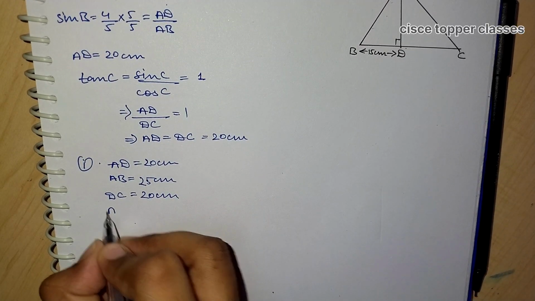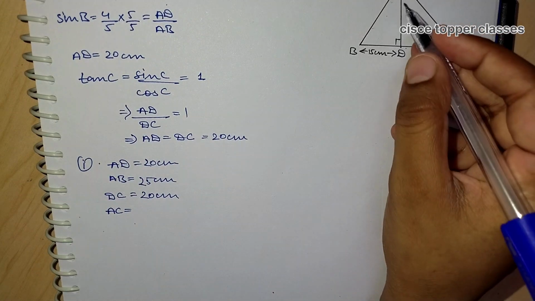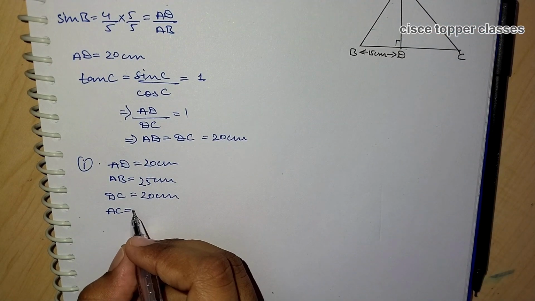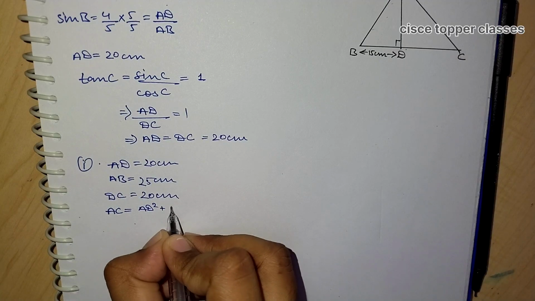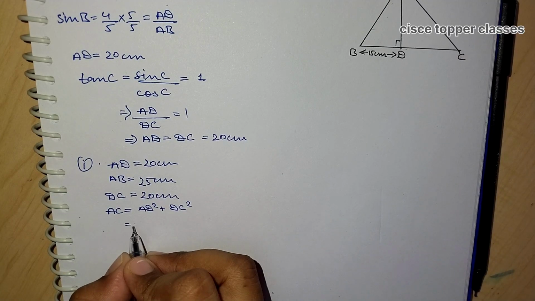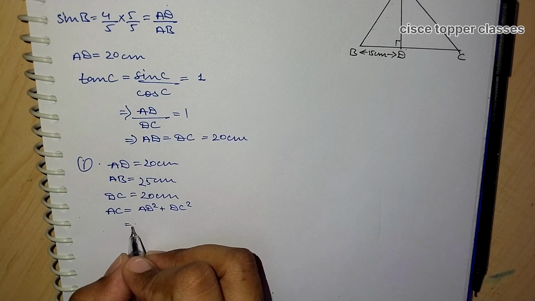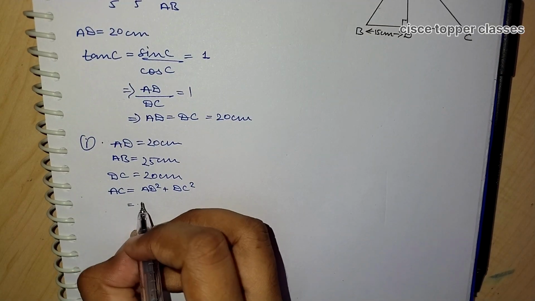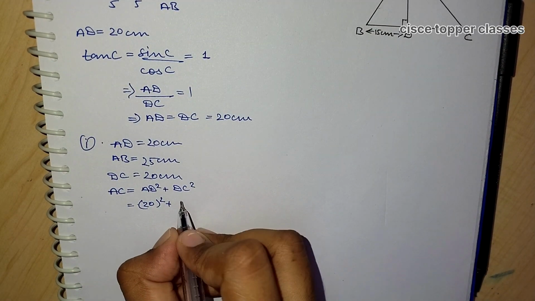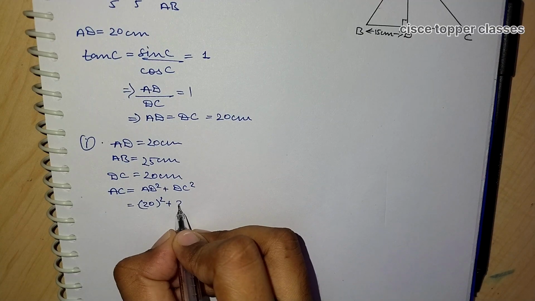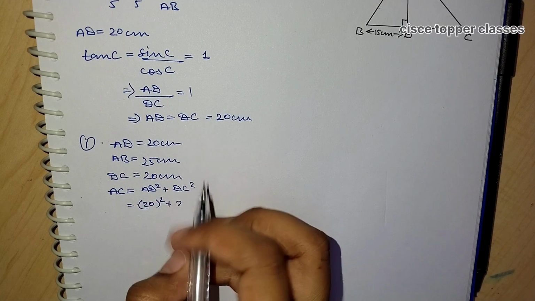Now the last part is AC. This is the hypotenuse of the triangle ADC here. So we can apply Pythagoras theorem. So AC will be AD whole square plus DC whole square. AD here is 20, so 20 whole square plus DC. So DC will be 20 whole square again, because AD is equal to DC here.